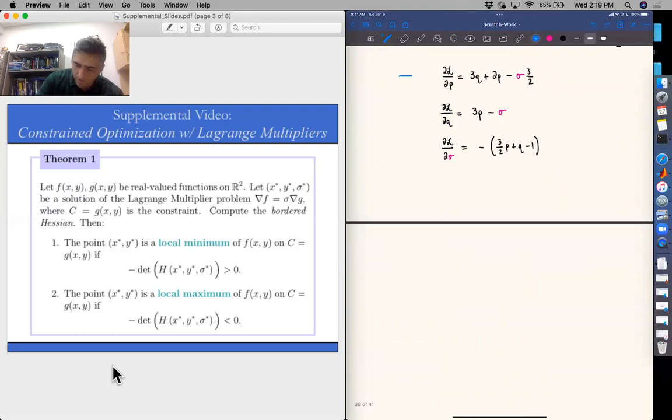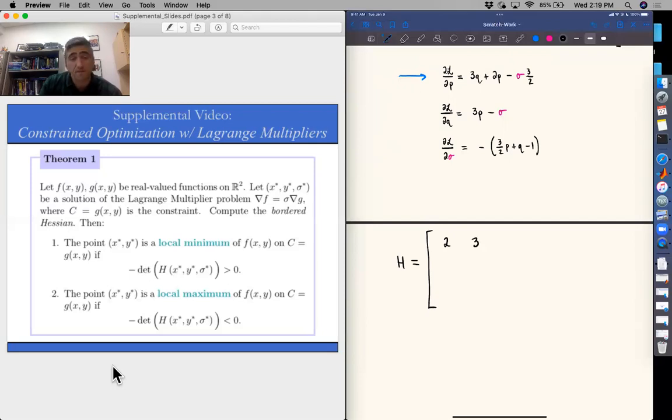Again, we focus first on this top row. Taking the partial derivative of that top row, partial L partial P with respect to P, we will just get a 2. Taking the partial derivative of that with respect to Q will just give us a 3.